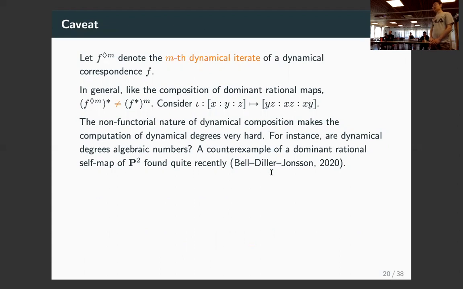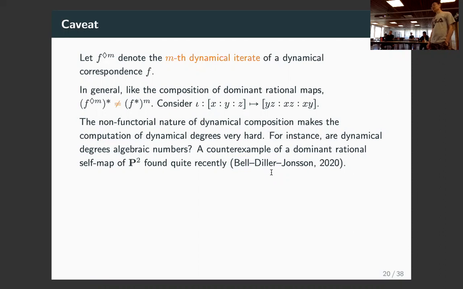But here there is a problem. In general, like composition of dominant rational maps, we don't have the following equation. The pullback action on cohomology group or numerical group is not functorial, so we don't have this commutativity property.